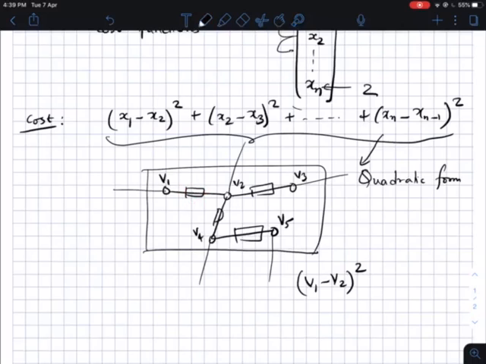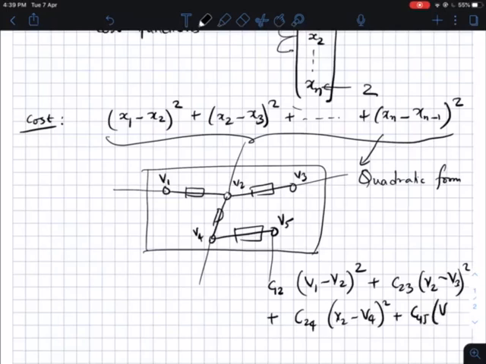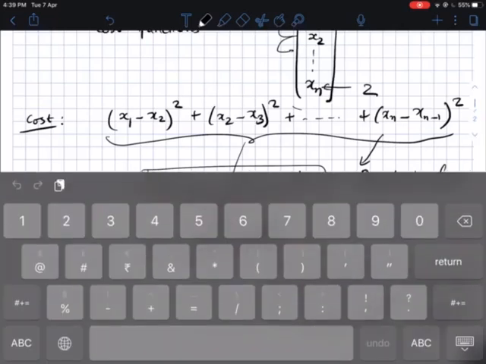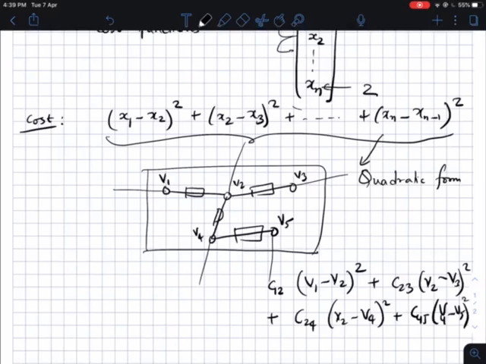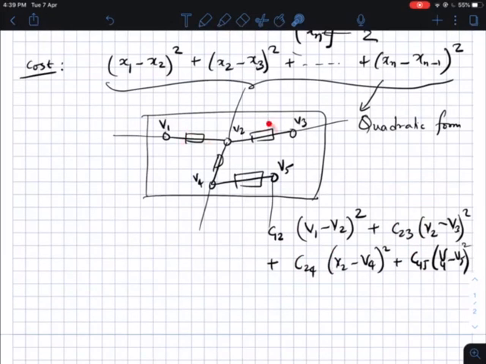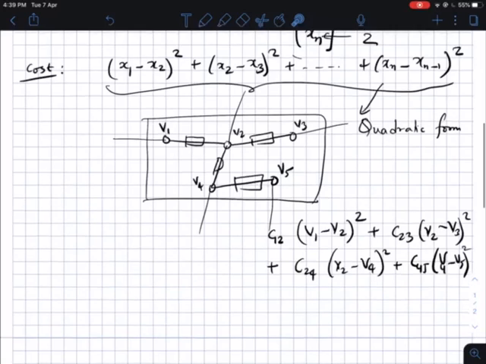Let me just call it C12, plus C23 times (V2 minus V3) whole square, plus C24 times (V2 minus V4) whole square, plus C45 times (V4 minus V5) whole square. These constants C12, C23, C24, C45 correspond to the inverse of these resistances, and V1, V2 are the voltages.